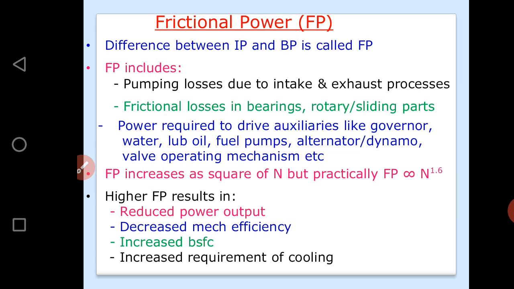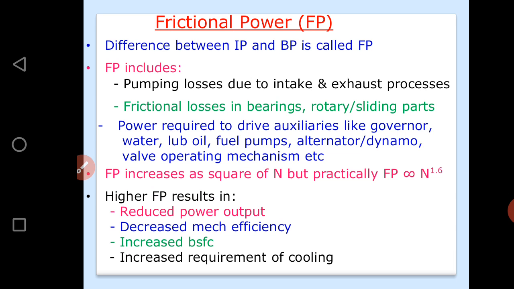that when the heat is liberated inside the cylinder during the combustion stroke, the combustion stroke is the heat addition process. After that, the expansion or power stroke will be there.